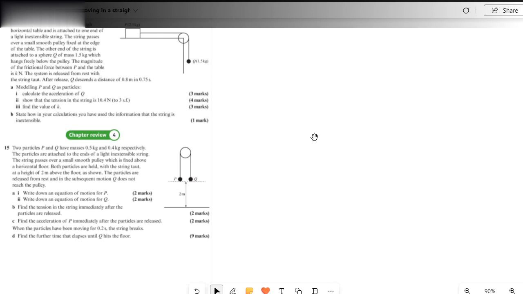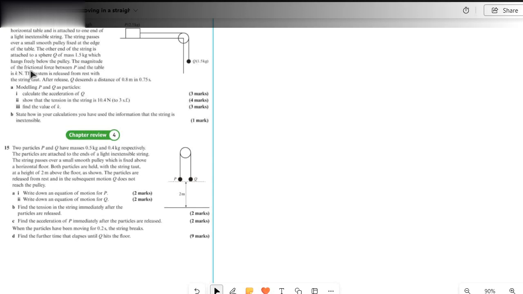So now let's move on to number 5, where it's given that a box P of mass 2.5 kg rests on a rough horizontal table and is attached to one end of a light inextensible string. The string passes over a small smooth pulley fixed at the edge of the table. The other end of the string is attached to a sphere Q of mass 1.5 kg, which hangs freely below the pulley.